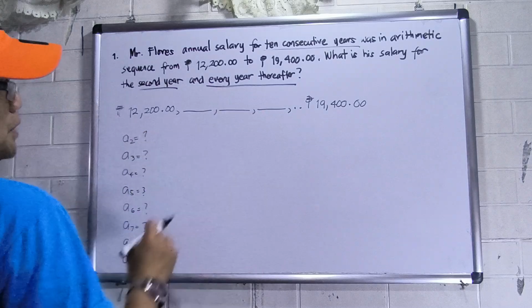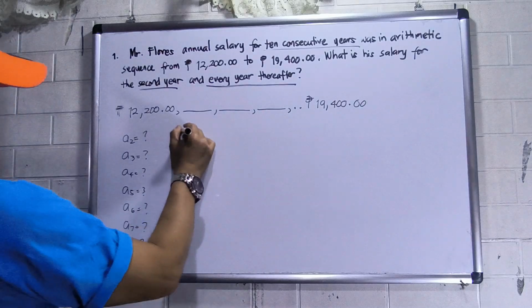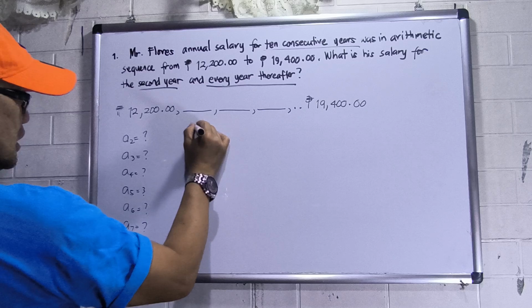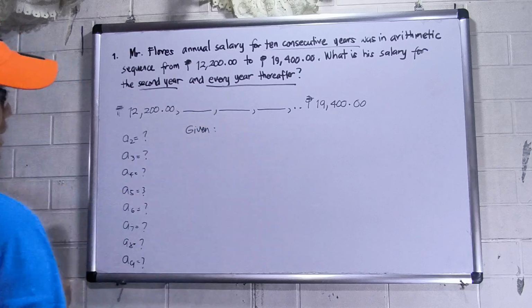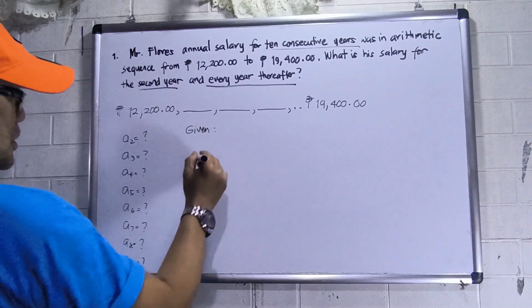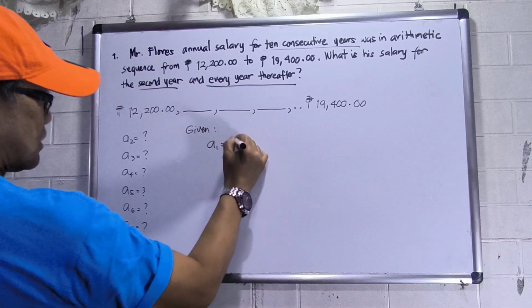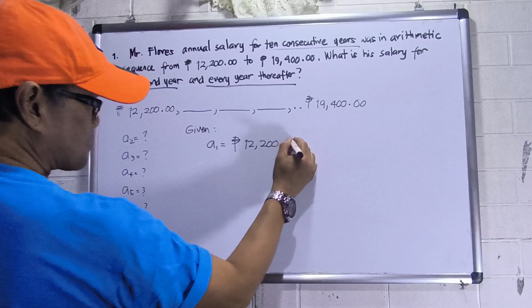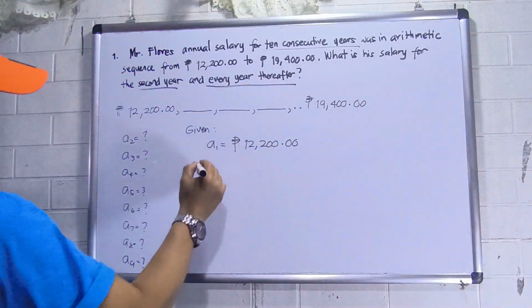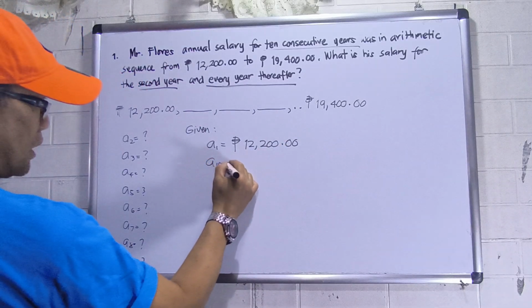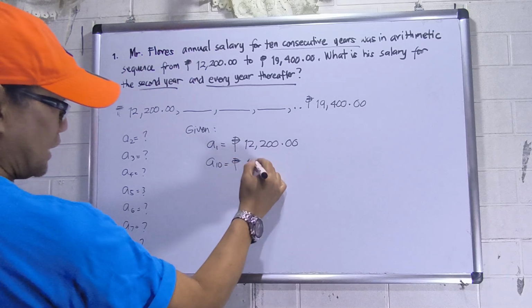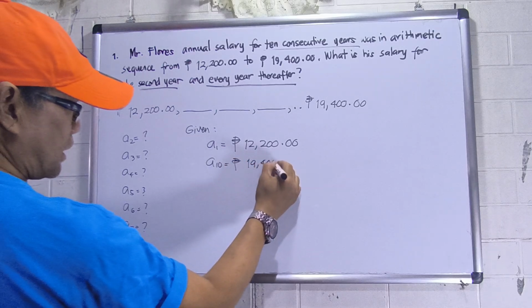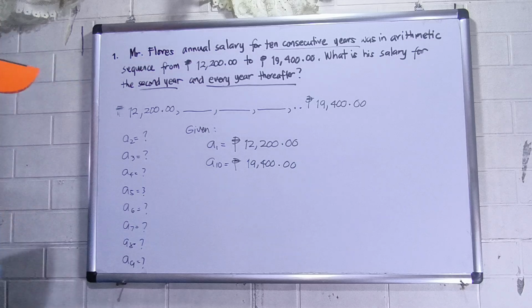So how to solve this problem? So first thing to do is we get the given from the sequence. So A1 is 12,200 pesos. Then A10 is 19,400 pesos.